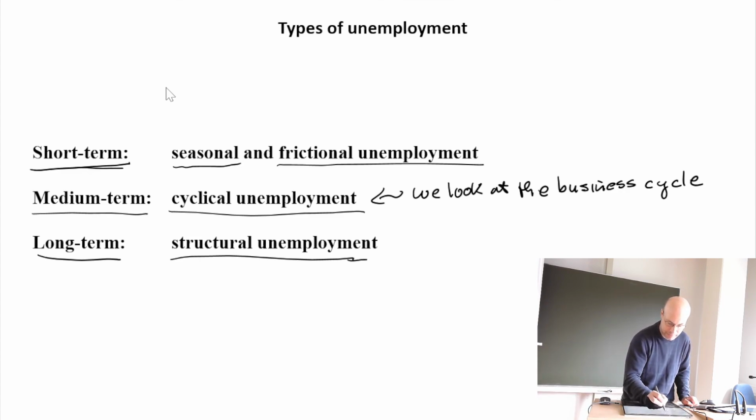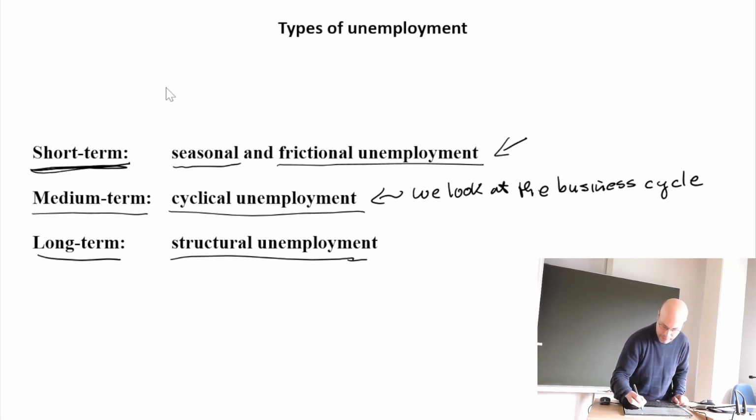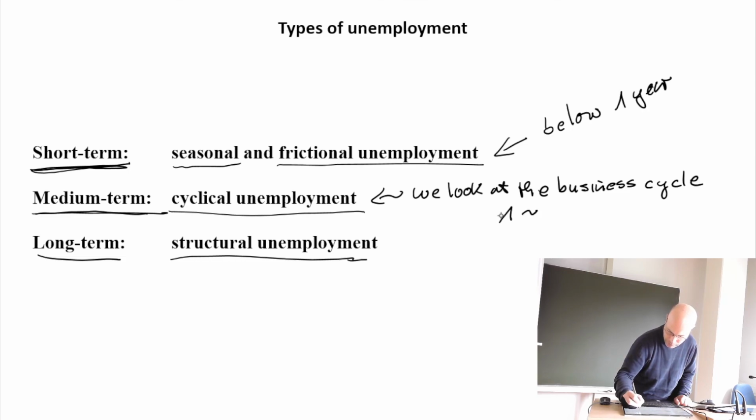So short term, what do we mean by short term? This is roughly below 1 year, and the cyclical unemployment is then roughly between 1 to 3 years.